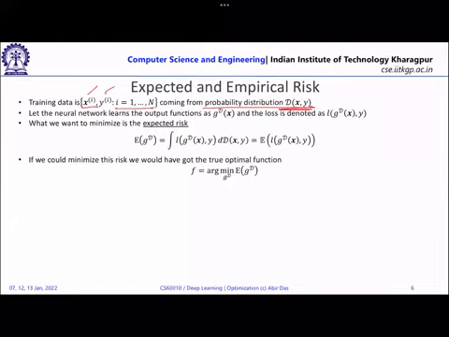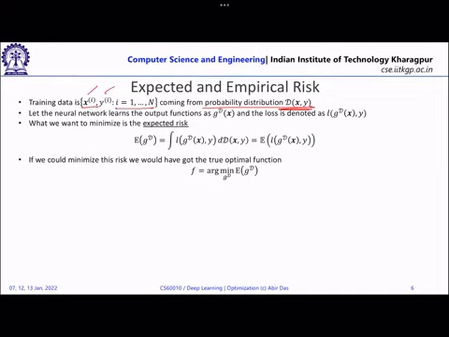So you are getting some training data, but with what probability the data is generated. So you can take it, for the purpose of understanding, that for an image classification system, it is how much is the preference for taking an image of one particular class compared to the others.